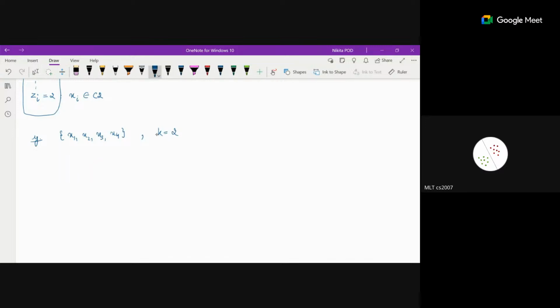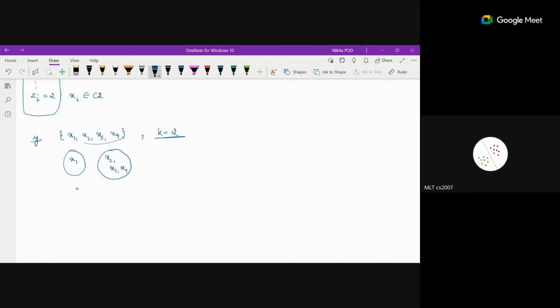If I want to put them in 2 clusters, what possibilities can we have? Let's say my first data point is in cluster 1 and the other 3 points, x2, x3, x4, are in cluster 2.